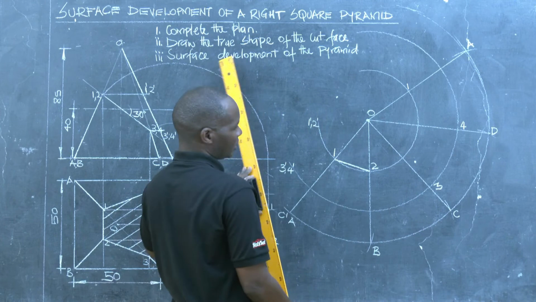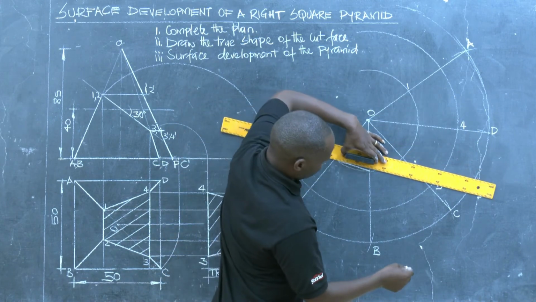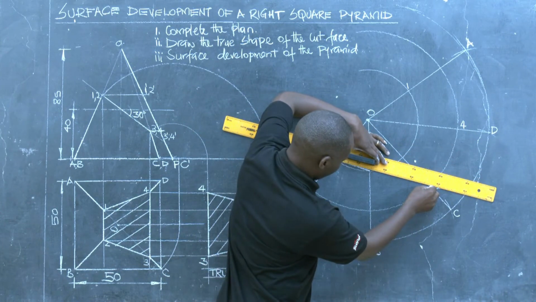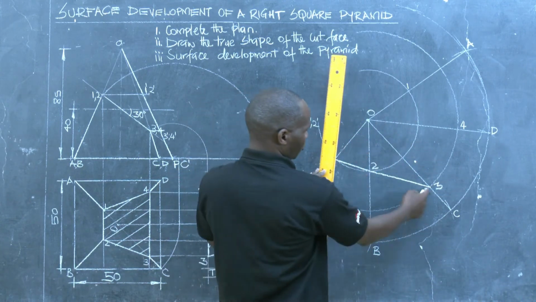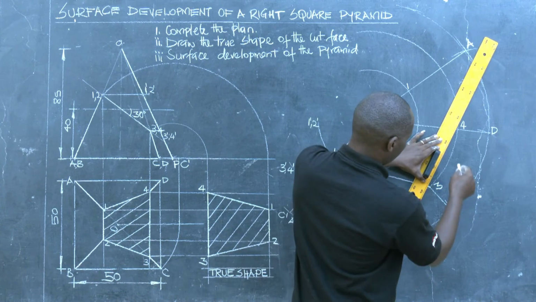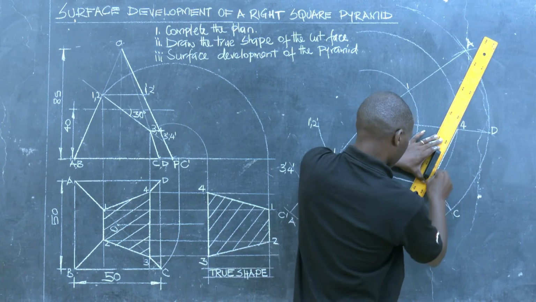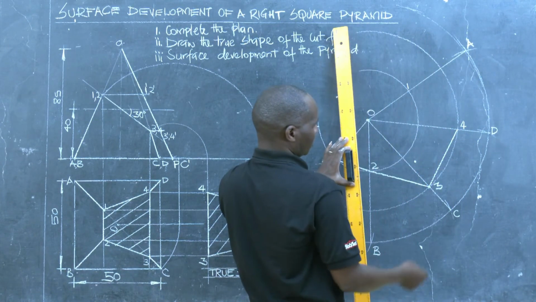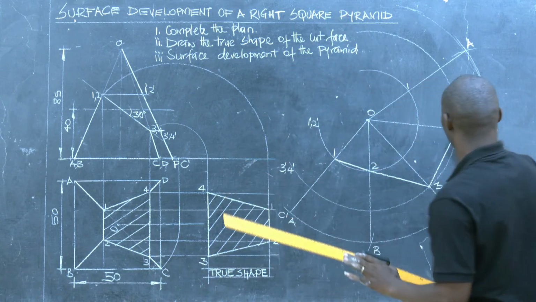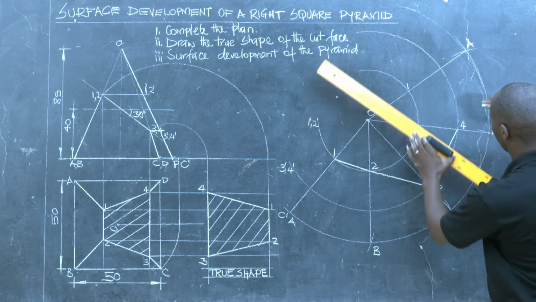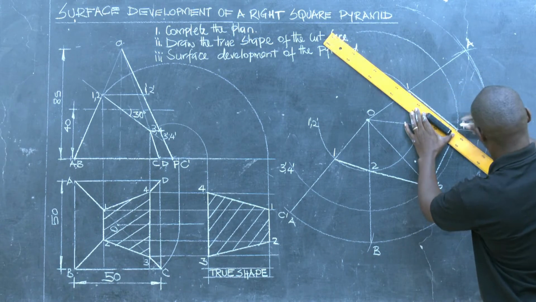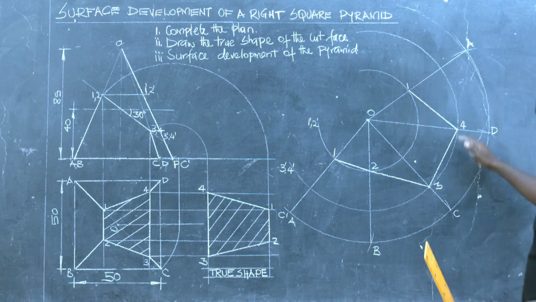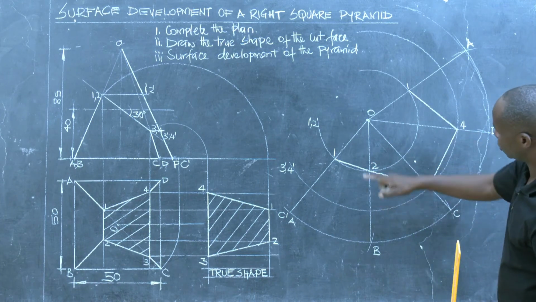So we join points 1, 2, then 2, 3, 3, 4, and then 4, 1. So that will define the edges of the truncation.